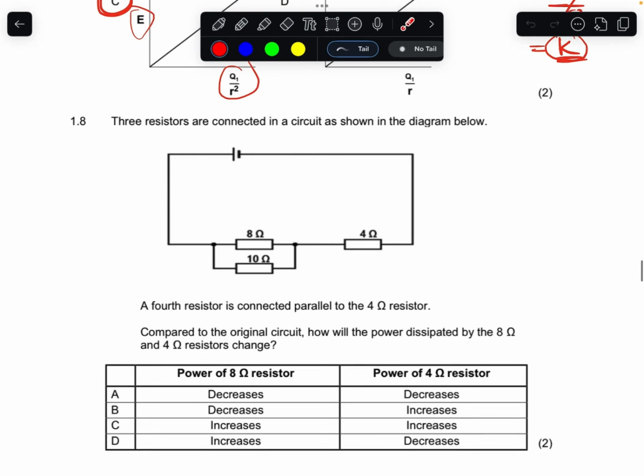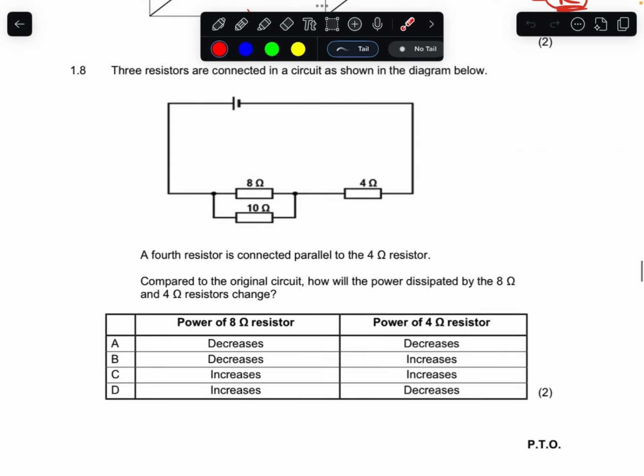Now it says that a fourth resistor is connected parallel to the 4 ohm resistor, right? Here's the third one.